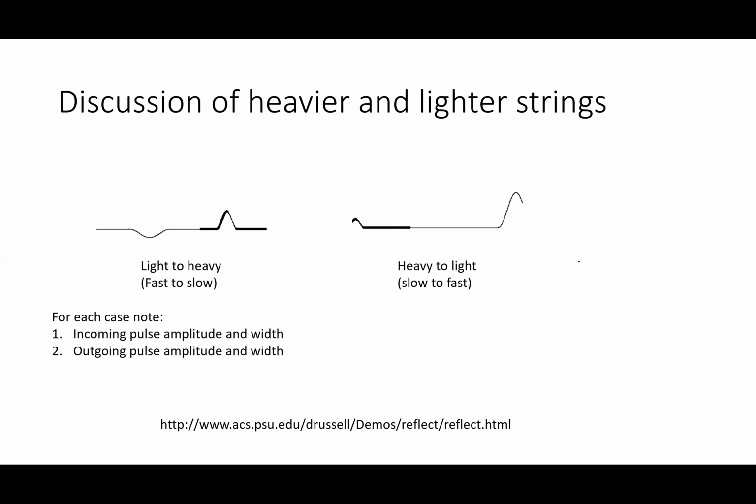Whereas if a wave came in on a heavy string to a light string, it was reflected right side up. Now we're talking about light waves rather than strings, so rather than talking about the weight of the string, we're talking about an index of refraction. Going from a fast string to a slow string is saying that the second string has a larger index of refraction, whereas going from a slow string to a fast string is saying that the second region has a lower index of refraction.